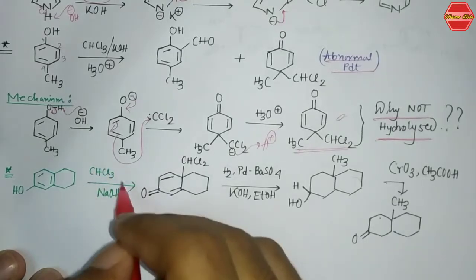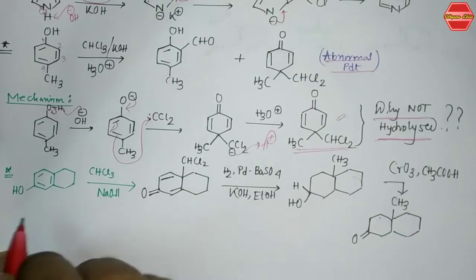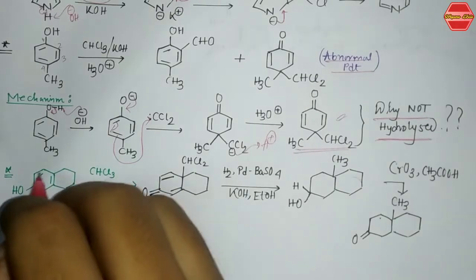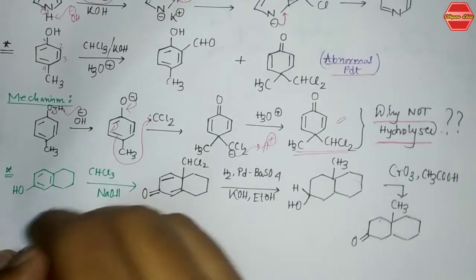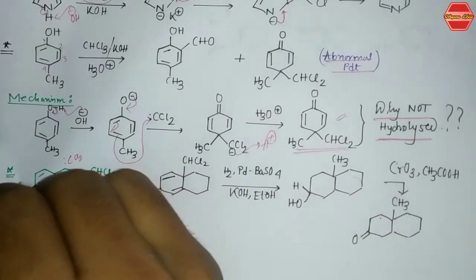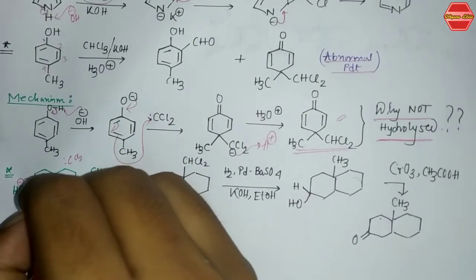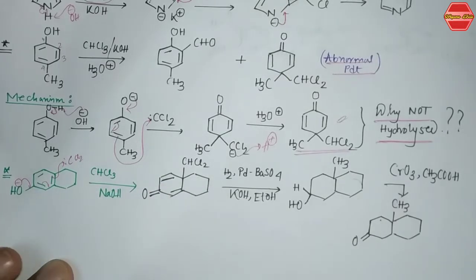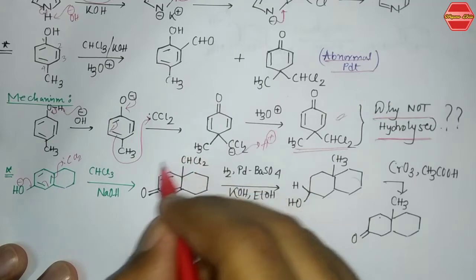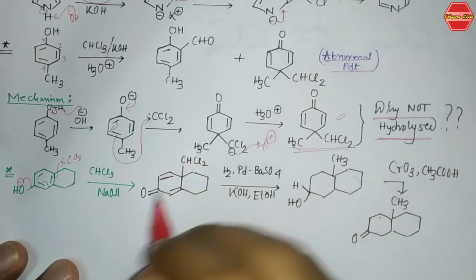Now when we are using chloroform and sodium hydroxide, you can see here that your para position is substituted with this kind of ring, so it will generate CCl2 carbene, and this negative charge can go here and attack the CCl2 carbene, and it will form further this kind of product.